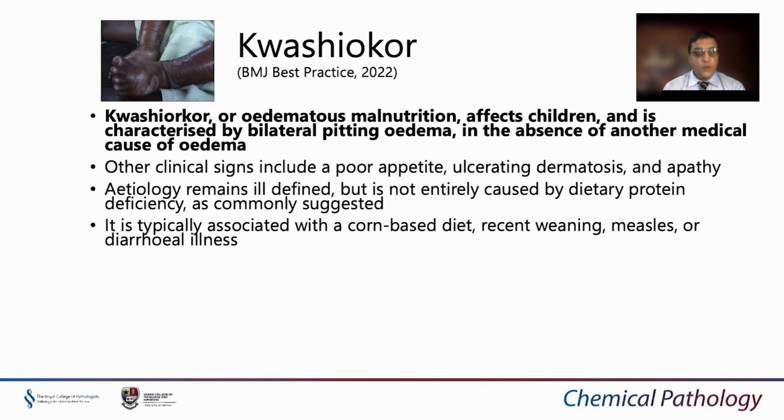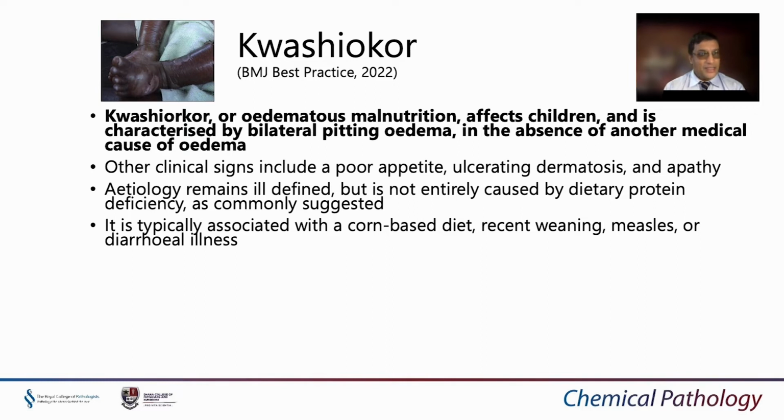We'll now talk to Kwashiorkor. These slides, the next 2 slides or so, are derived from the BMJ Best Practice from 2022 to reiterate Kwashiorkor, or edematous malnutrition, is characterized by bilateral pitting edema. There's no other cause for the edema, so that has been excluded, and it's accompanied by dermatoses, anorexia, and an apathetic child, usually.